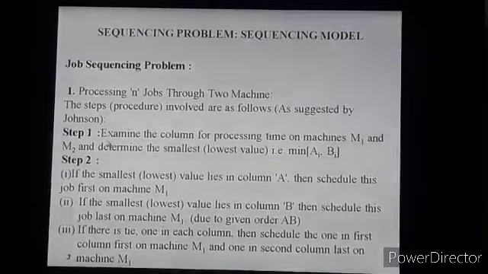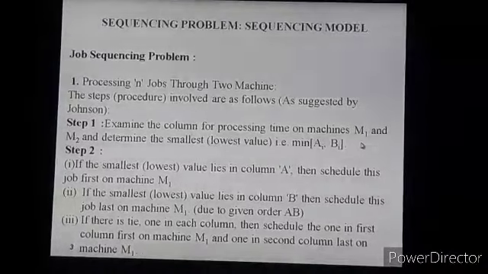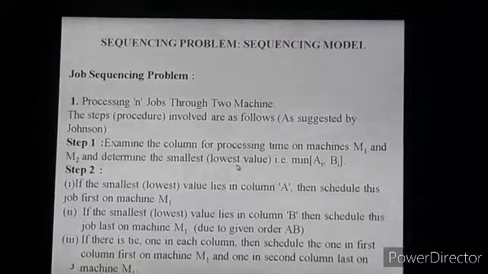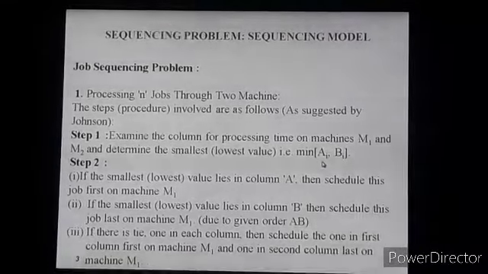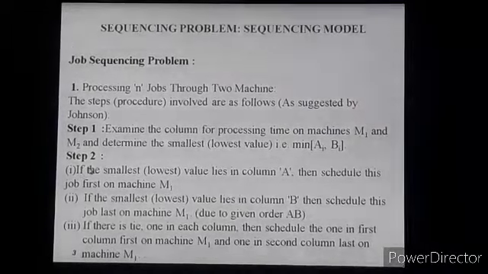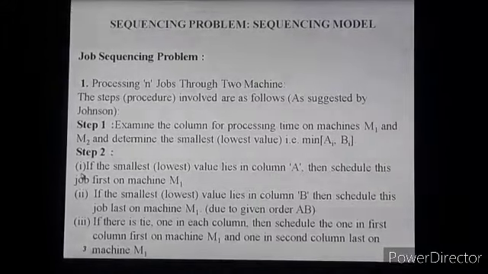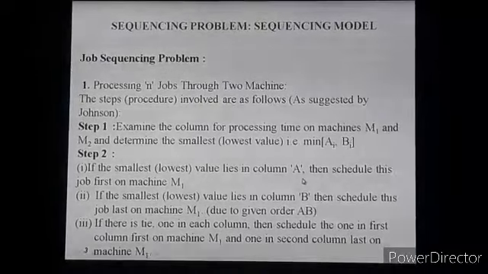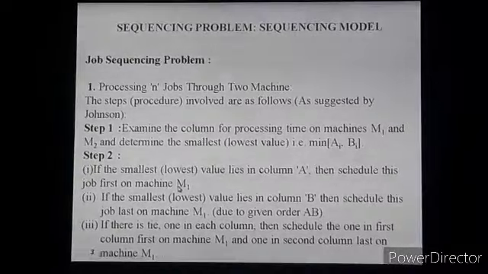So what is the first step? First step is to examine the columns for processing time on machine M1 and machine M2 and determine the smallest or lowest value, that is, the minimum of A or B. Then step 2, in which we have 4 to 5 sub steps. In step 2, sub step 1: if the smallest or lowest value lies in column A, then schedule this job first on machine M1.